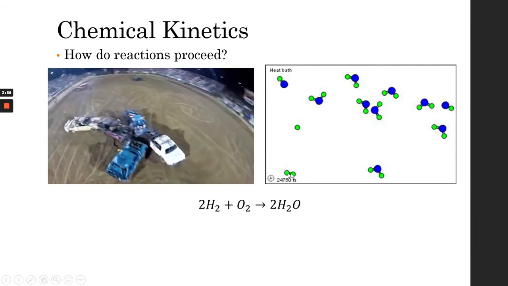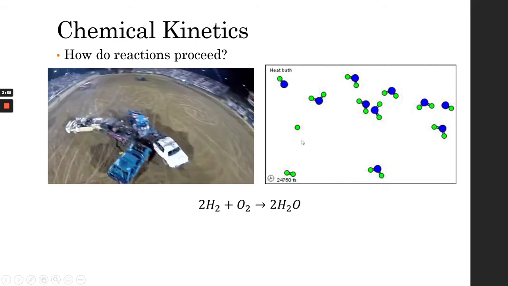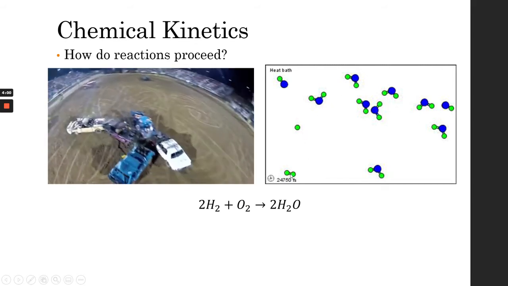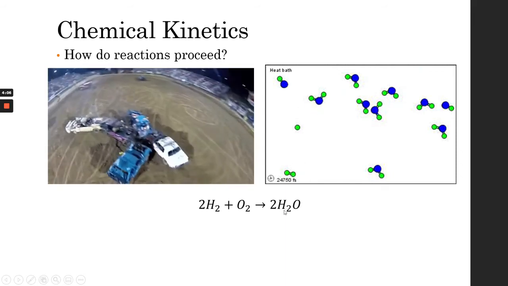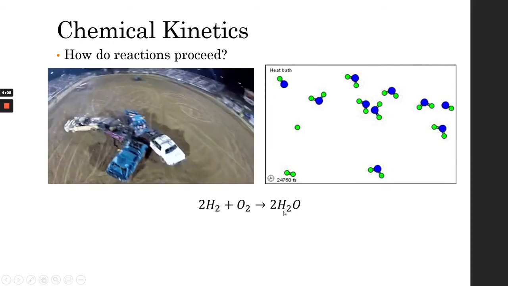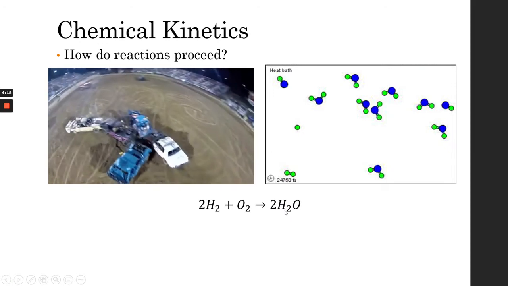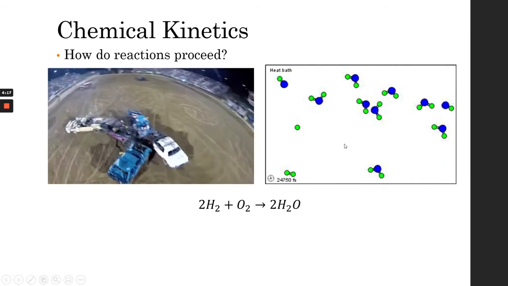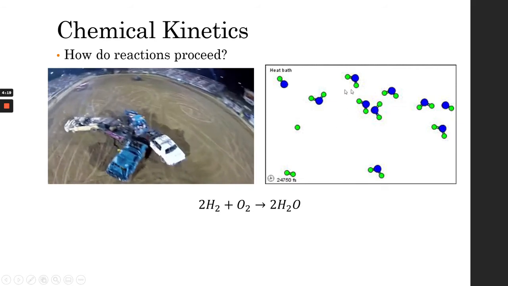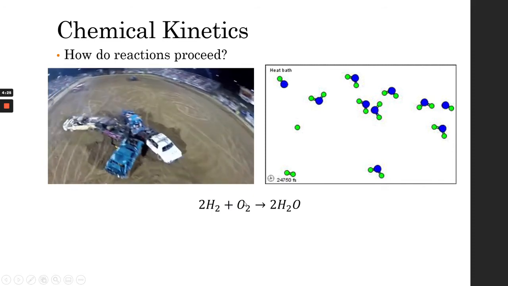And as they bump into each other, the oxygens break up and the hydrogens break up, and then they form a new molecule, a combination of two atoms of hydrogen and one oxygen, creating water, and that happens through the bumping, the ramming of those hydrogens and oxygen.